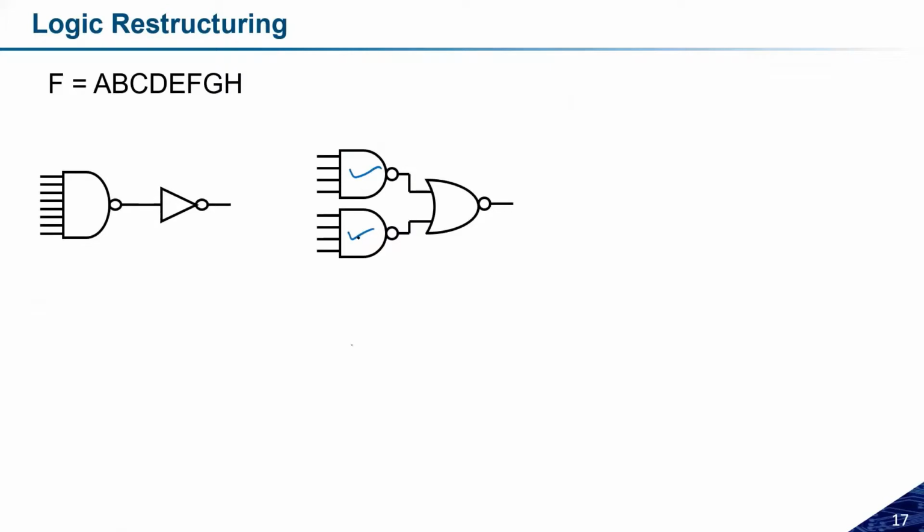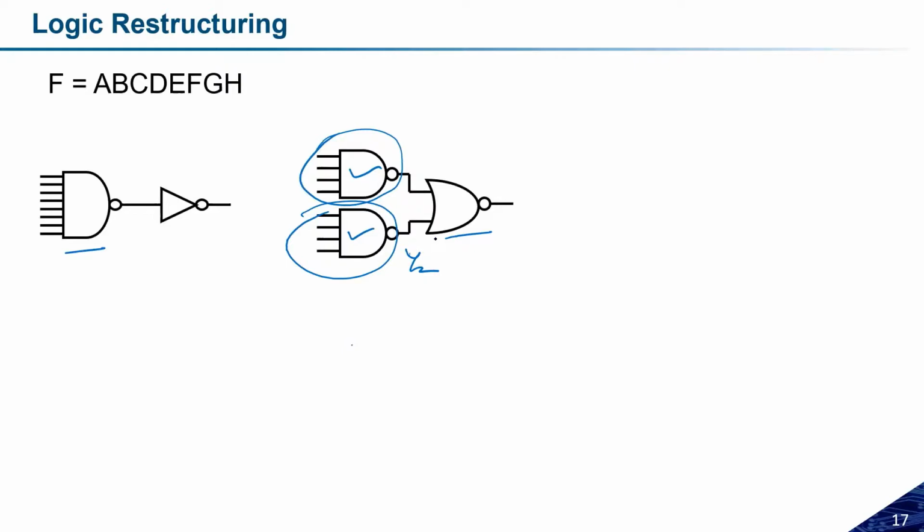These two blocks work in parallel, so the effective fan-in or effective delay of this circuit will be the same as this one, and the total overall delay will be half. Then it will pass through a NOR gate, and you can make the same function we have.